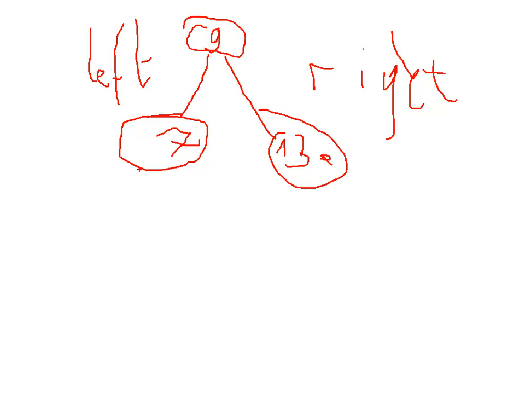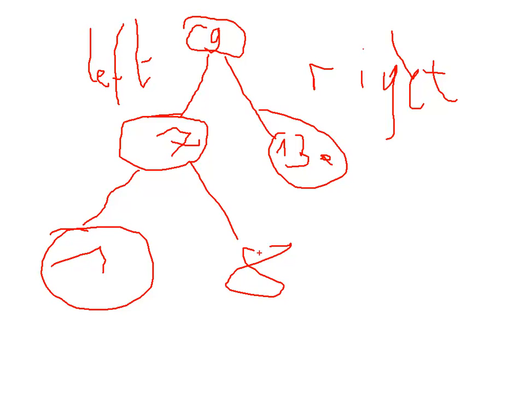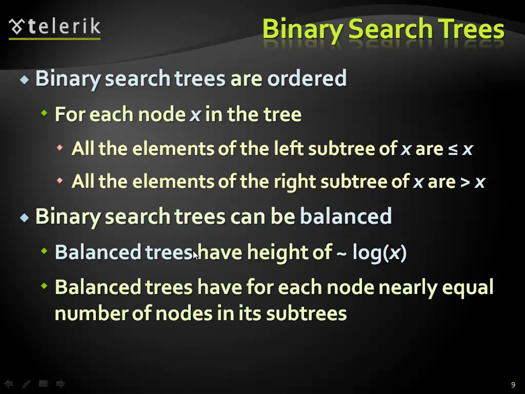For example, if you tell me 1, I will place it here. If you tell me 3, well, not pretty sure where I'll place it right now, but if you tell me 8, I will place it here. For example, this is a binary tree. Not an ideally balanced binary tree, but still a binary tree. How to create an ideally balanced binary tree, that's a hard topic. We won't discuss it. Okay.